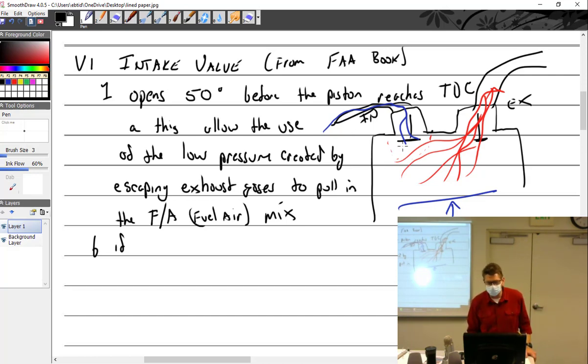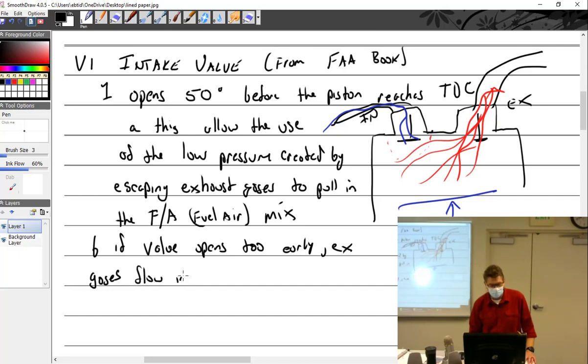So you can't open it up too soon because you can get a backfire. If the valve opens too early, exhaust gases flow into the intake manifold.